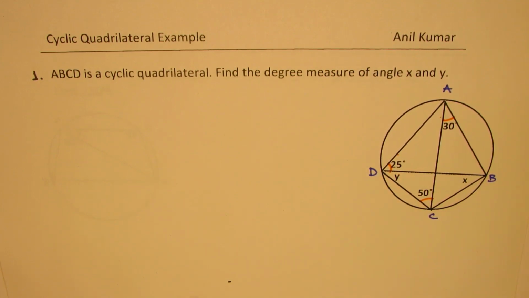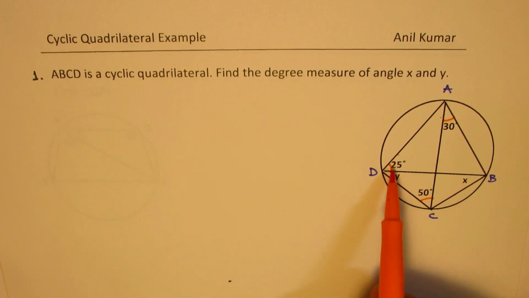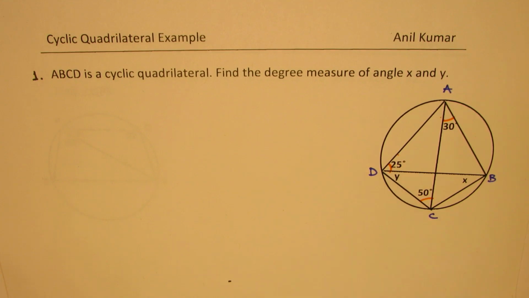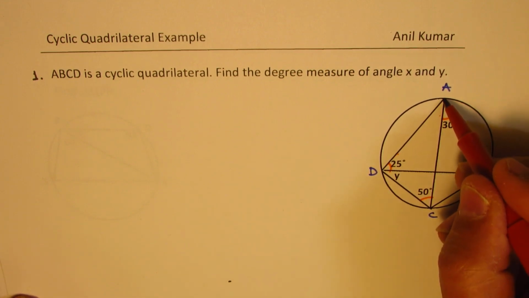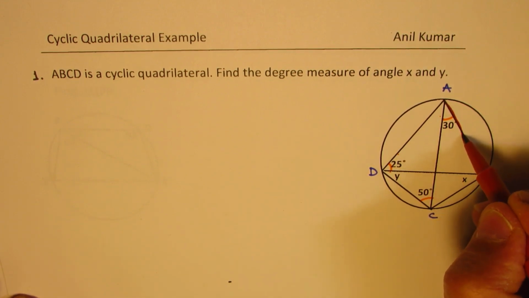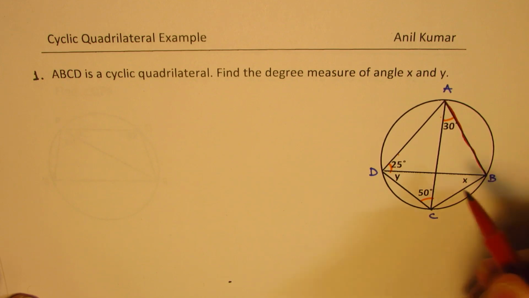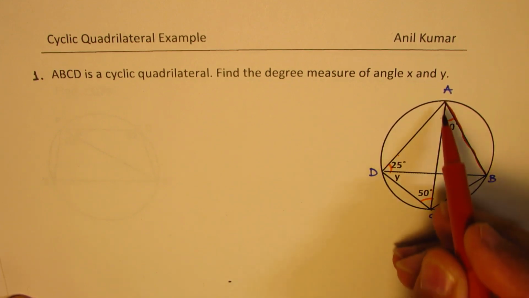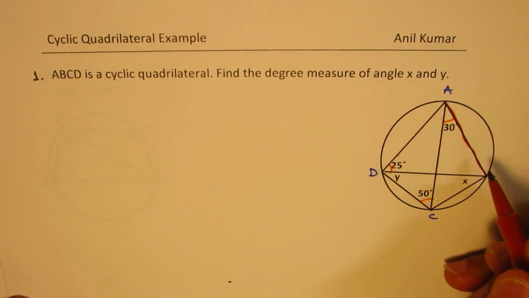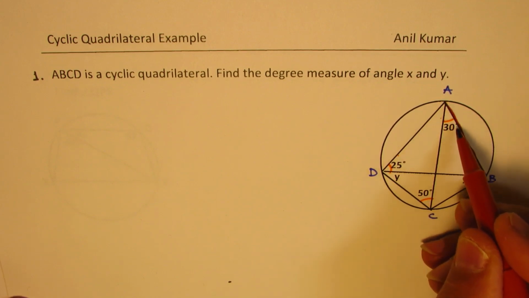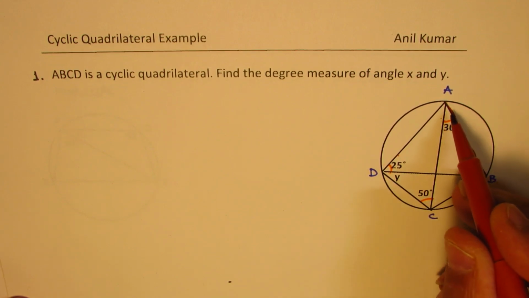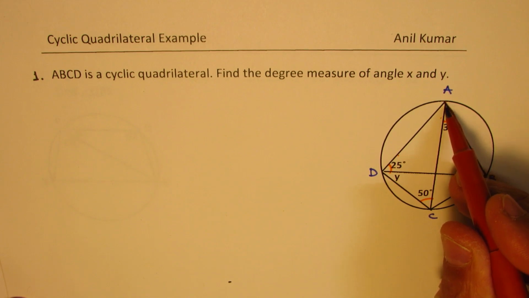Now let's try to see. If we are given this as 25 degrees, this angle of 25 degrees is right opposite to the chord AB, right? So do you see this chord here? So this angle of 25 degrees with point A and B. Now that really means on the same chord, let's find some other angle which is subtended by the same chord.